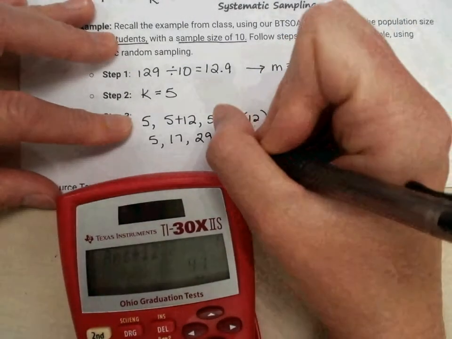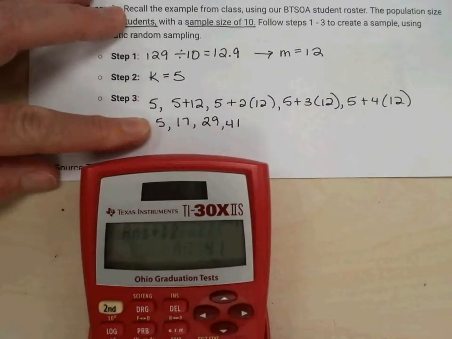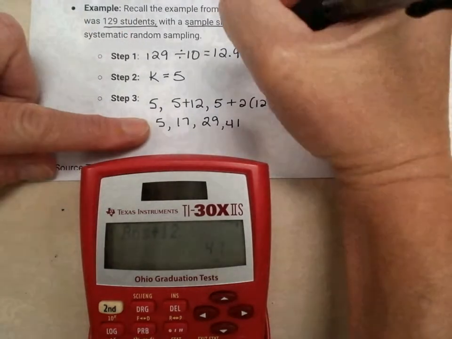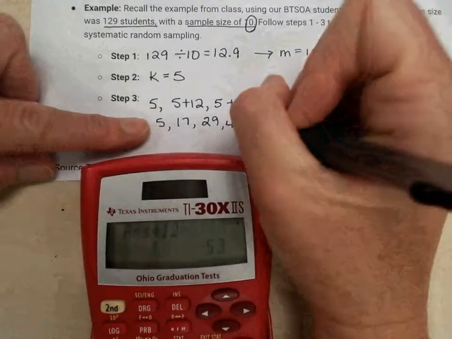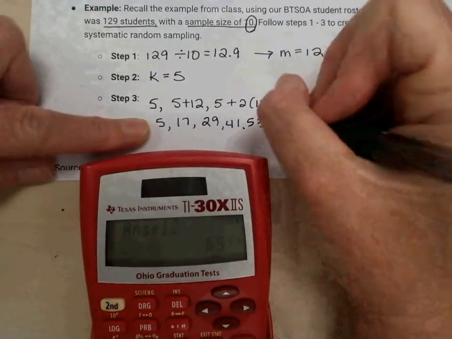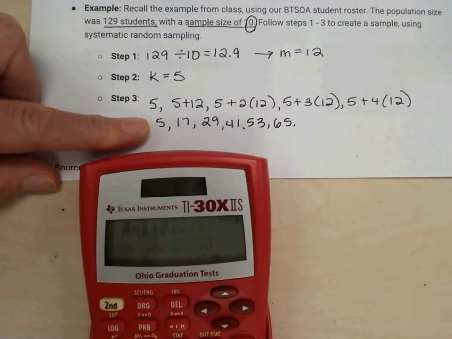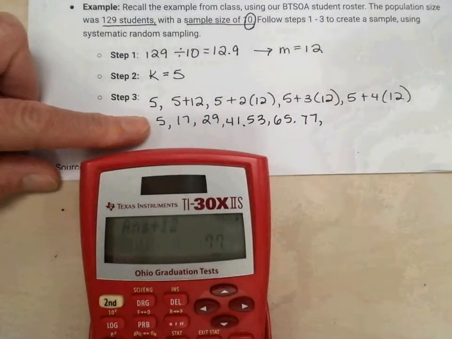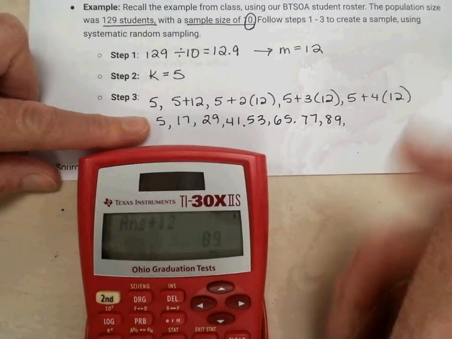We get 41. Remember, we're looking for 9 more, so 10 total. Our sample size is 10. So plus 12 again, right? We get 53. Nice to have a simple scientific calculator handy to do problems like this. Add 12 again. You can even use your cell phone. 89, right?